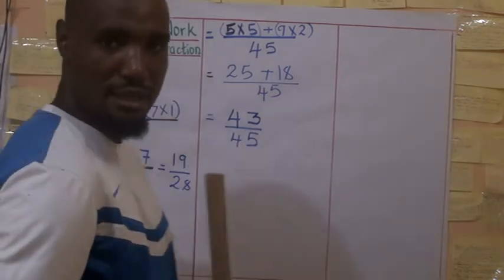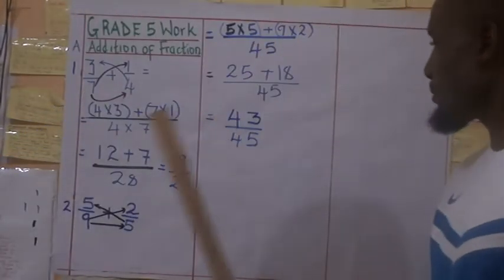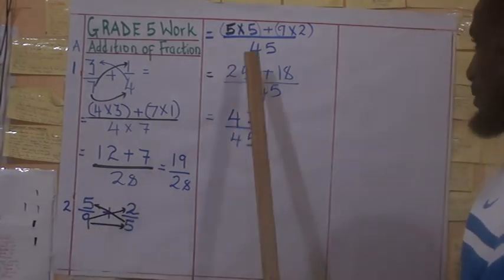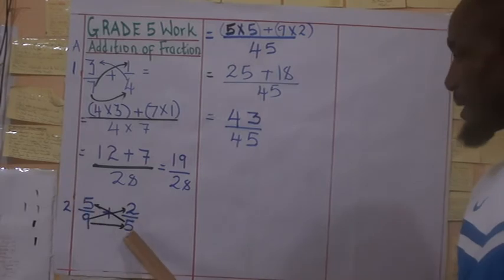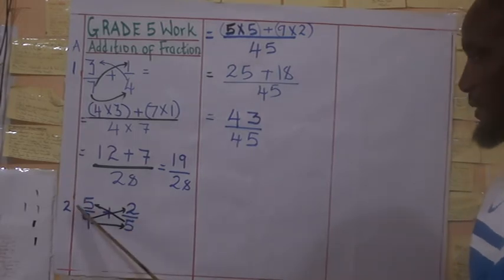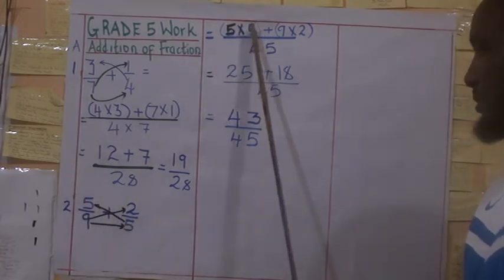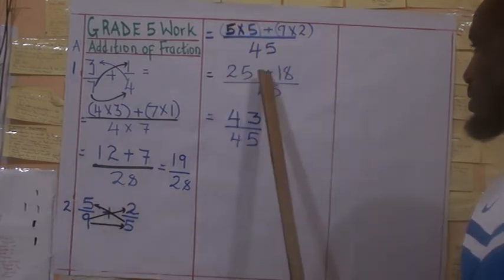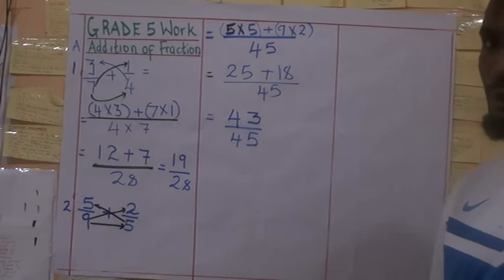So our answer becomes 43 over 45. But I repeat again, multiply the denominators, 9 times 5, you get 45. Multiply the second denominator by the first numerator, you get 5 times 5. Then 9 times 2. When you add these two, you get 43 over 45.